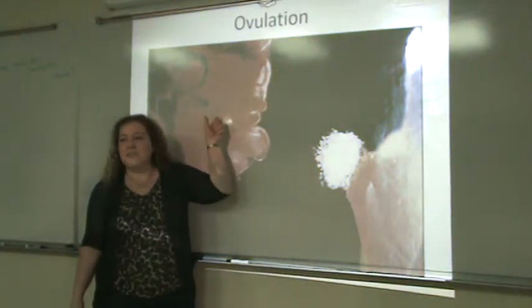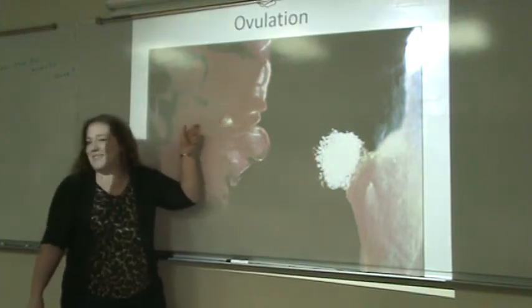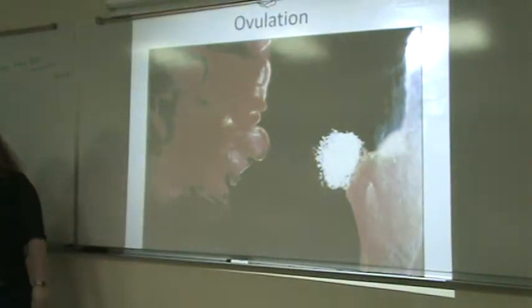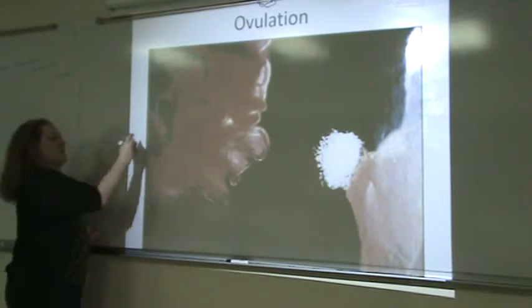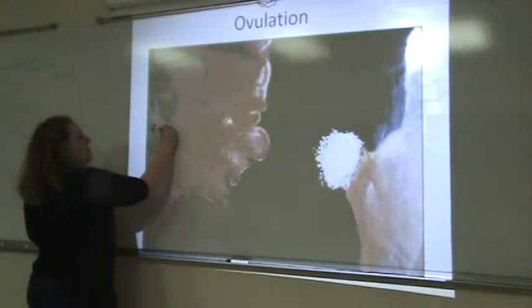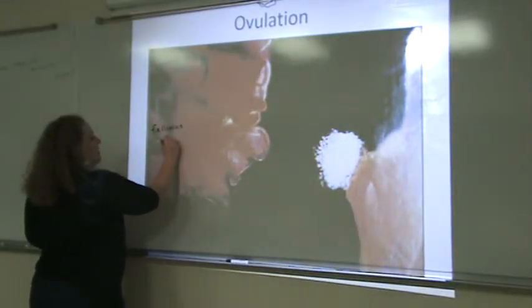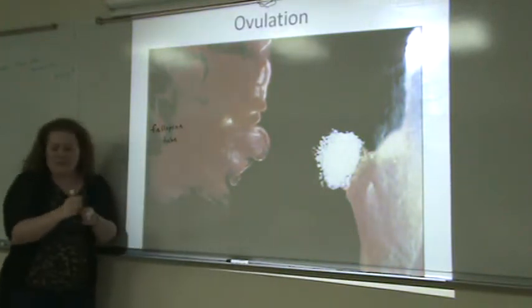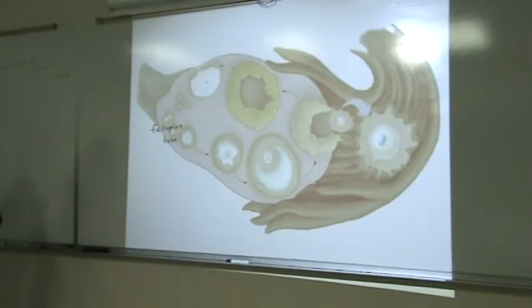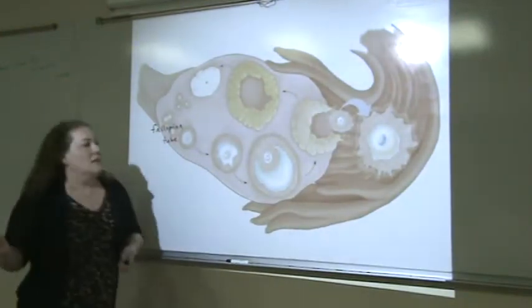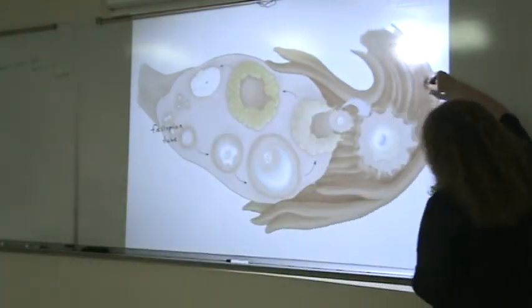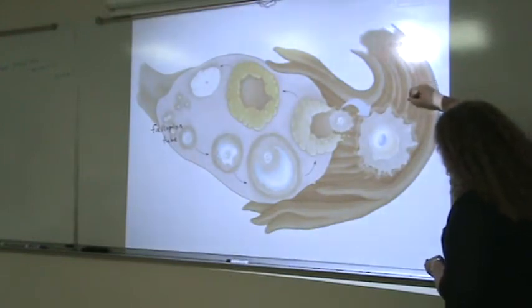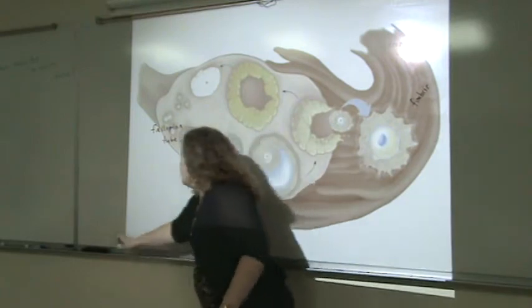What makes it get in the tube? How does it know to get in there? I don't know if your reading describes this. So here's a fallopian tube. Let me go back. The fallopian tube, let me write this knot on the slant.